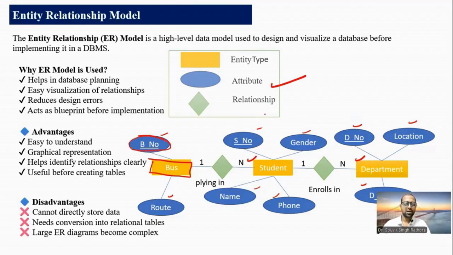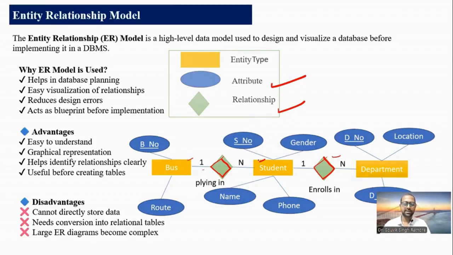Now, the next question is, how are these entity types connected? A student travels using a bus, and a student belongs to a department. These connections are called relationships. Relationships are represented using diamonds. You may notice something like 1:N, 1:N.